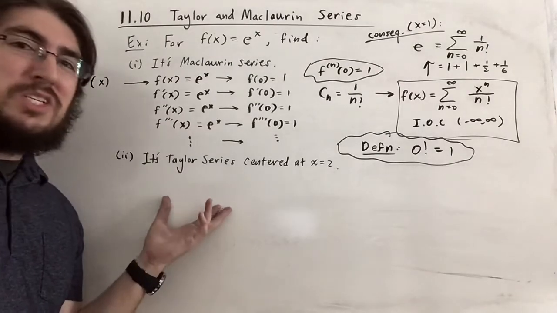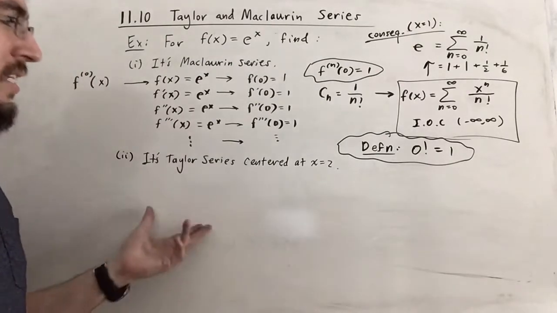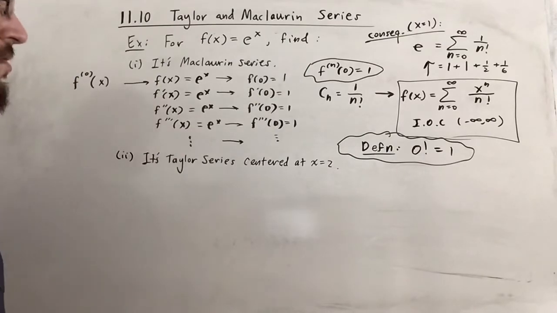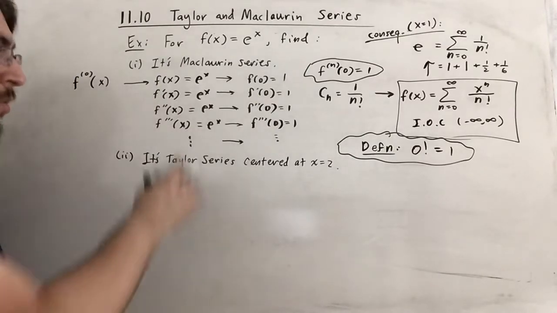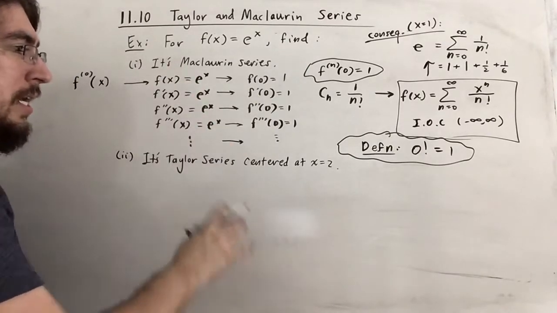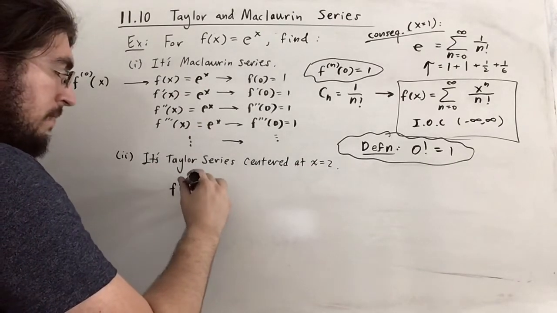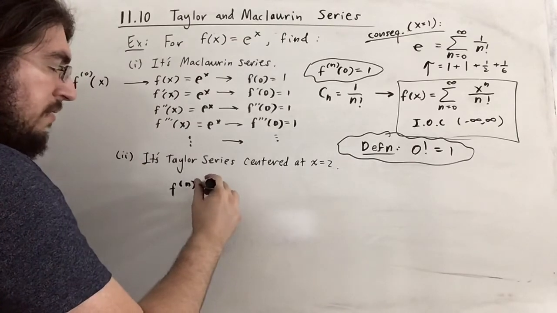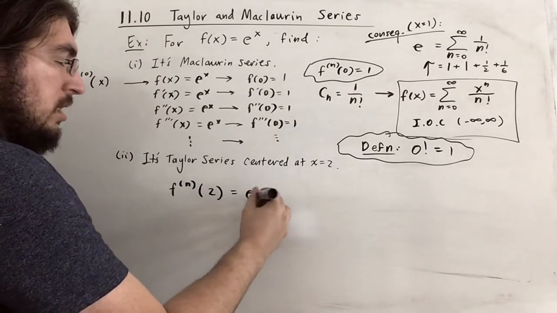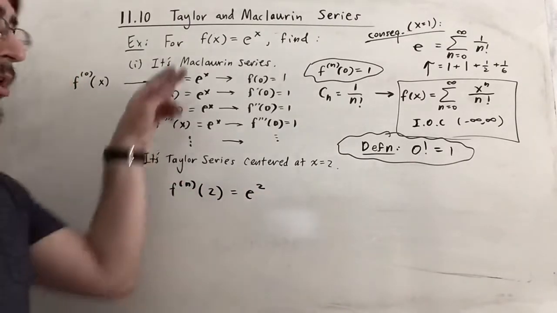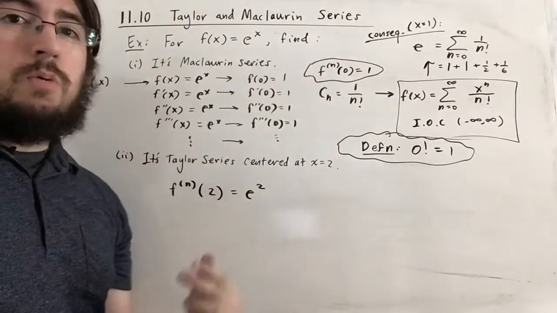Now let's move on to part 2. We want to find the Taylor series of f of x centered at x equals 2. So we need to find the derivatives. We did, they're all e to the x. If you evaluate them at x equals 2, the nth derivative of f evaluated at 2 is just going to be e to the 2, much like all these were e to the 0, which were all 1.